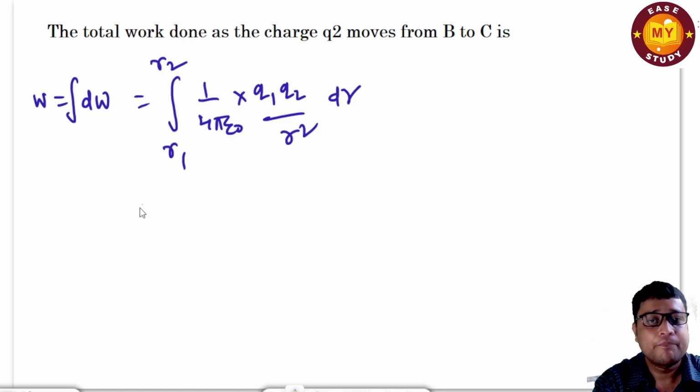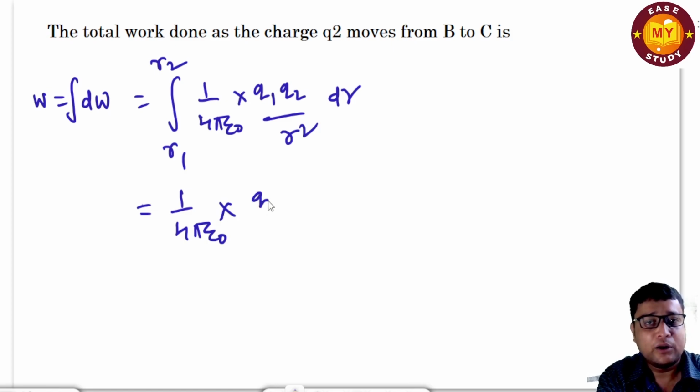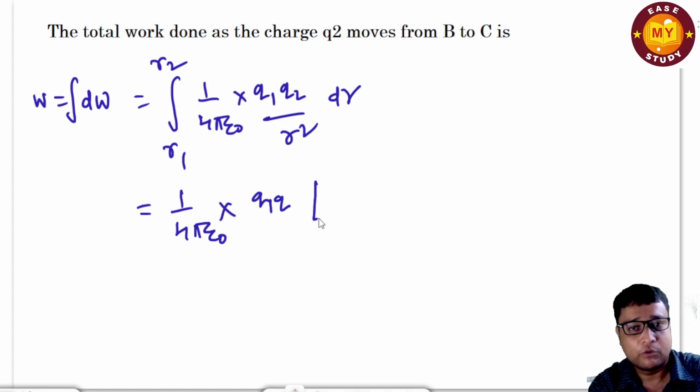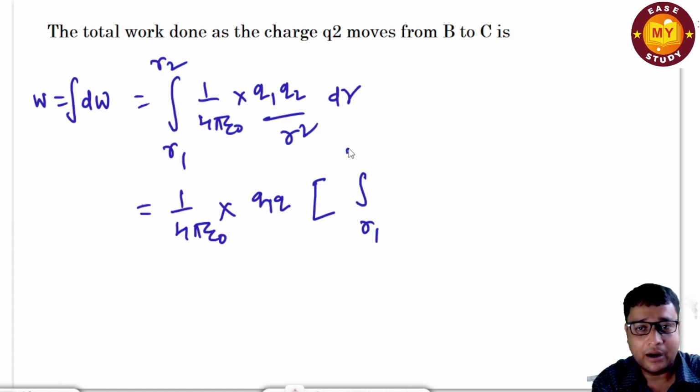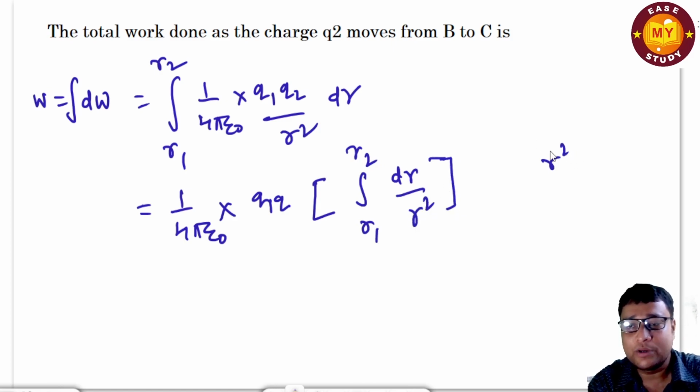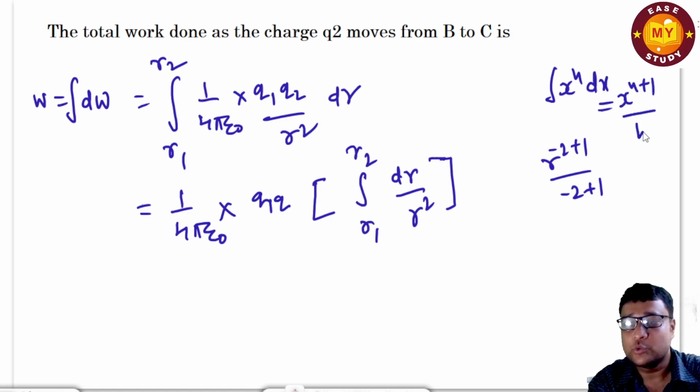We are taking the displacement distance from the point A itself where the charge is fixed, because we are assuming that the electric field is from A up to the point where you are seeing Q2 at the location dr. So here some constant is there, 1 by 4 pi epsilon naught Q1 Q2, and the integration of dr by r square from r1 to r2. The integration of r to the power -2 will be r to the power -1 by -1, using the formula x to the n dx is x to the n plus 1 by n plus 1.